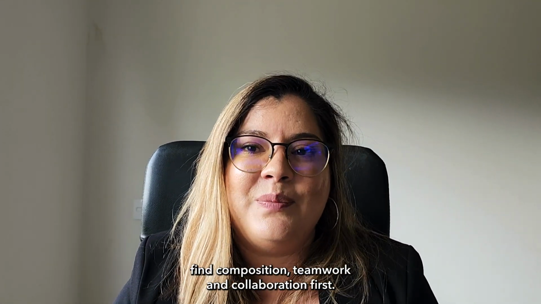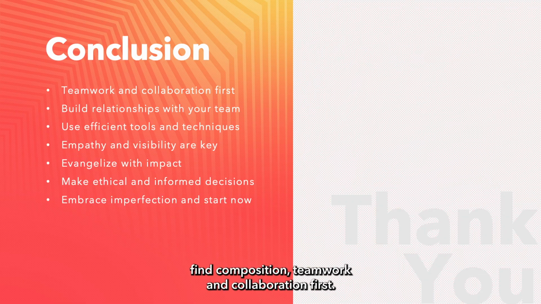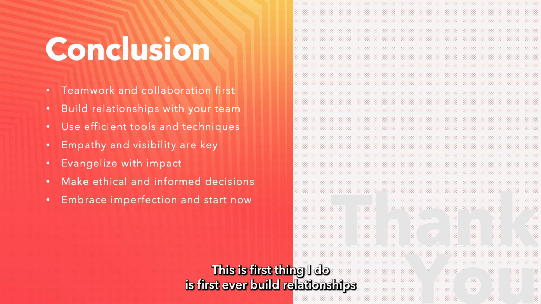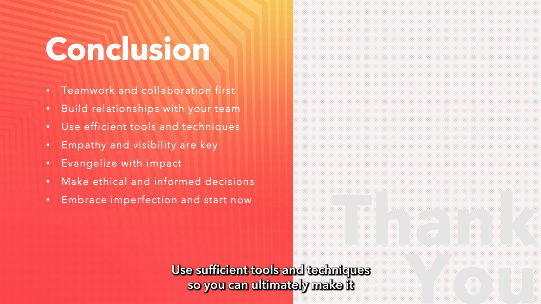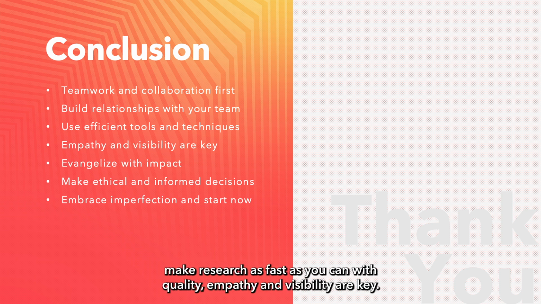So in conclusion, teamwork and collaboration first. This is first in Agile, it's first everywhere. Building relationships with your team is really important because you are in this together. Use efficient tools and techniques so you can automate and make research as fast as you can with quality. Empathy and visibility are key.